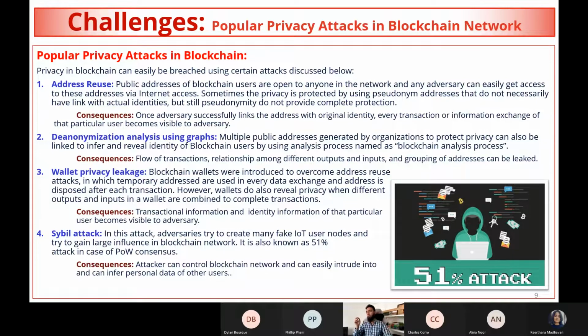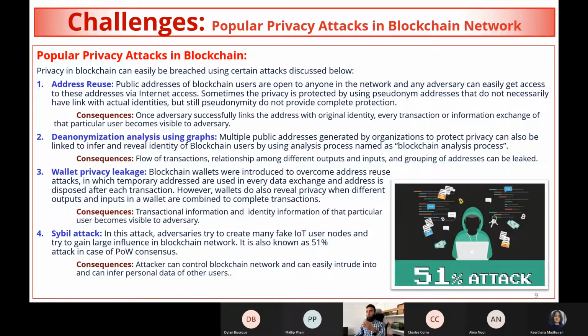Let's say this specific person has done a certain number of transactions, it's possible to track them back in a public blockchain network, or the public databases of Bitcoin or different blockchain cryptocurrencies. Then there's the anonymization attack using graphs, where different public addresses are generated and their graphical illustration is carried out to find out the flow of transactions, and the relationship between different peers and different inputs and outputs.